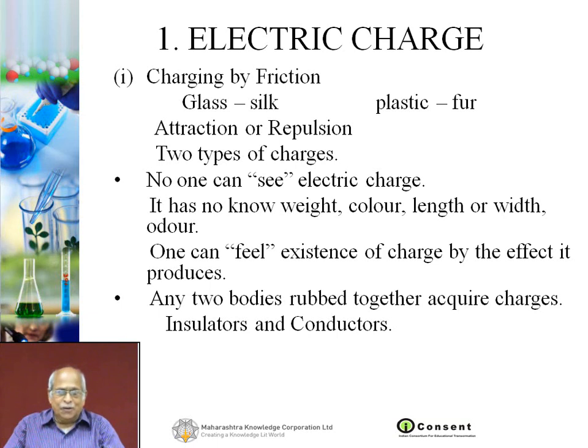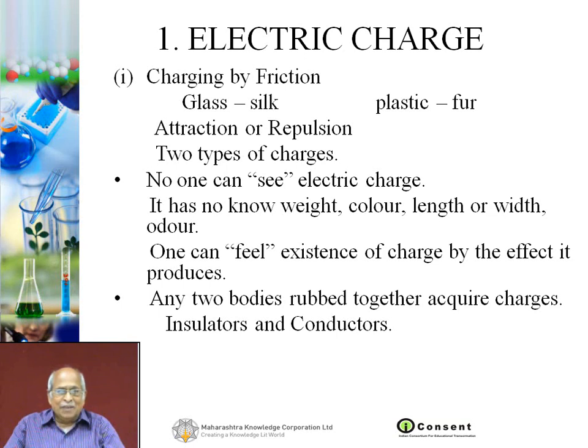Experiments showed that charge on any body is either similar to charge on the glass rod or similar to charge on the plastic rod or ebonite rod. However, charge on the glass rod and charge on the plastic rod were found to be opposite.